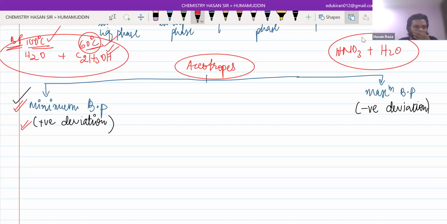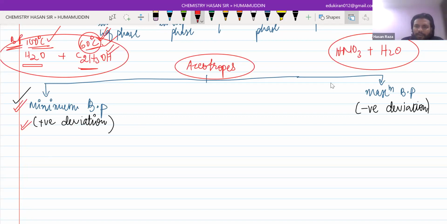In the same way, you can see this is your 100 and this is your 60, and it decreases below this, the lower value. In the same way, it increases from both of them. So this is the concept for minimum boiling point and maximum boiling point. Are you getting my point? Yes.